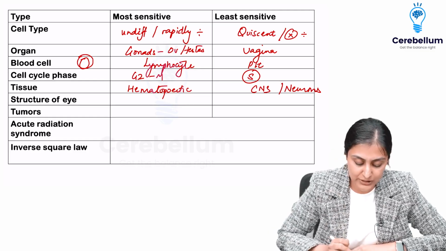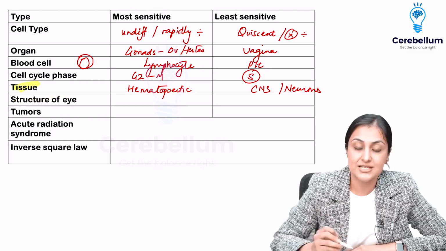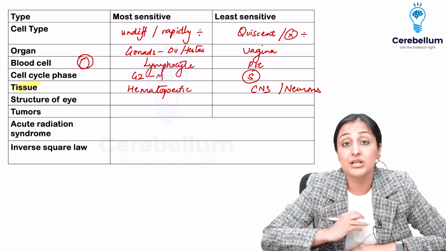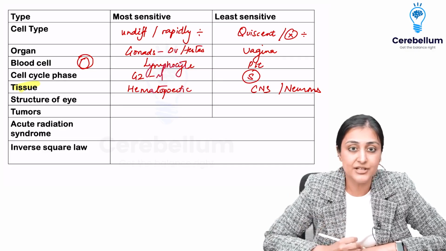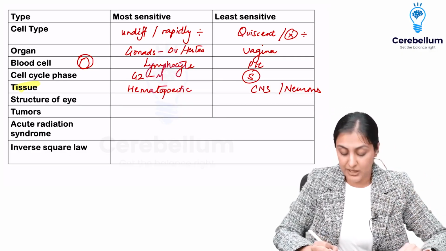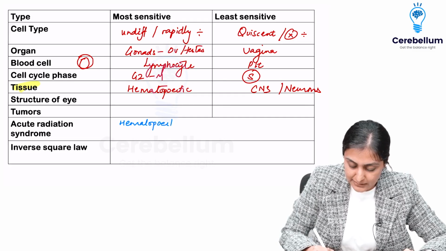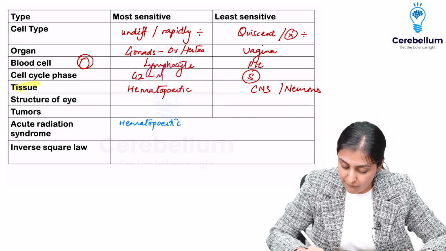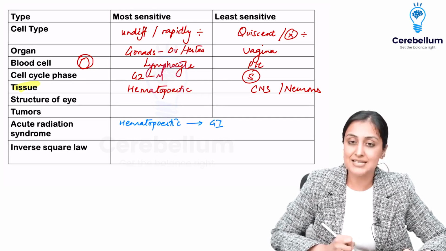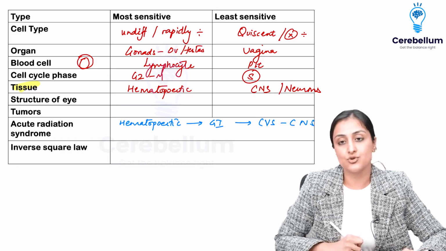With this concept only, you can also remember acute radiation syndrome. Let's say there is a nuclear accident and sudden leakage of radiation. At what radiation different systems will be affected tells us the sensitivity. The first syndrome is the hematopoietic syndrome, following which you have the GI syndrome, and then you have the cerebrovascular syndrome in the end.